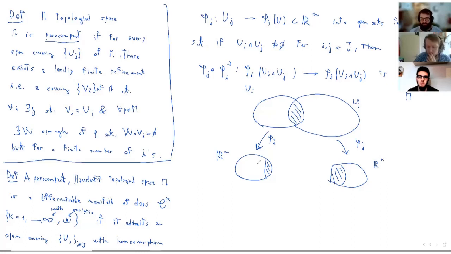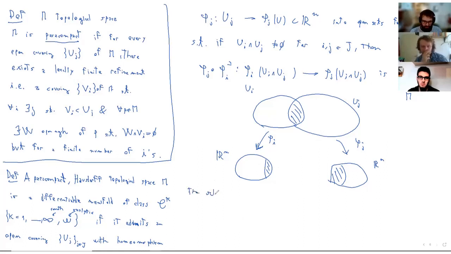And we said the manifold is C^k if this composition, so if you go this way, or equivalently the other way, is a C^k map. And since the inverse of phi_j composed phi_i inverse is phi_i composed phi_j inverse, we're not only saying that this is C^k, but also that the inverse is C^k. So in particular, in the case of infinity, this is a diffeomorphism.